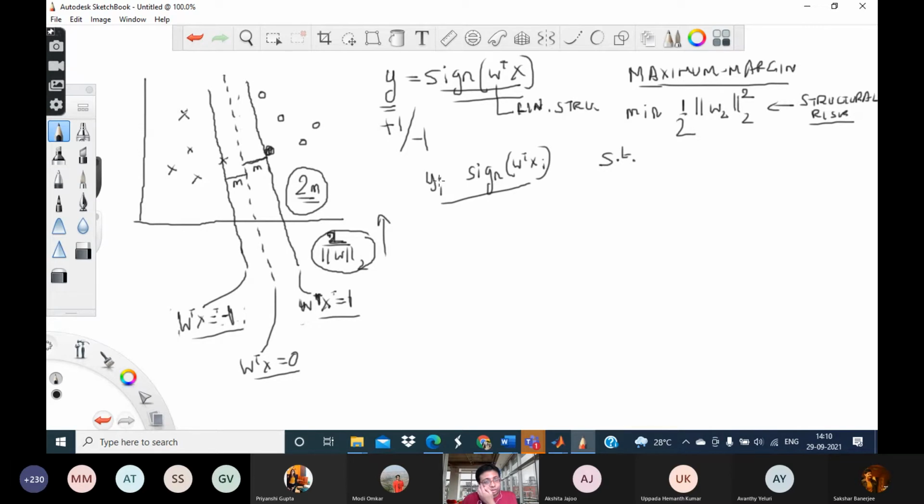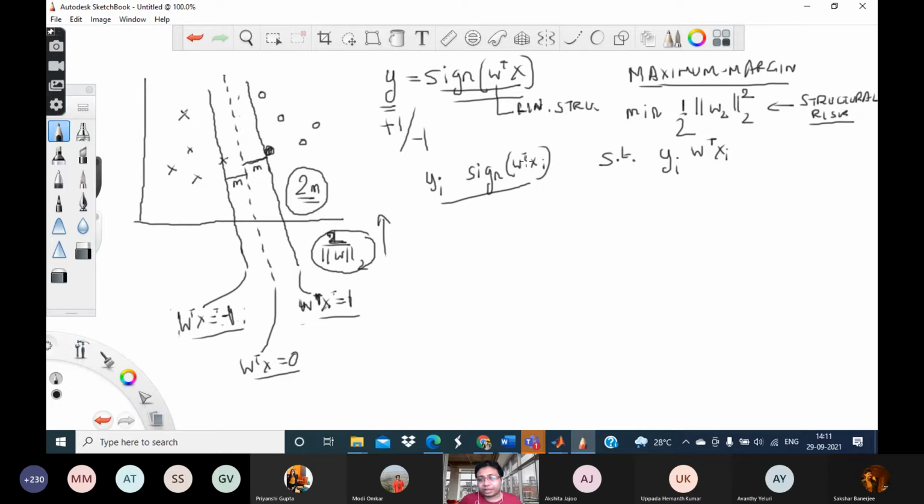Since we have assumed that both of them are +1 or -1, what is the simple criterion for checking whether these two match or not? That is yi times W transpose xi.